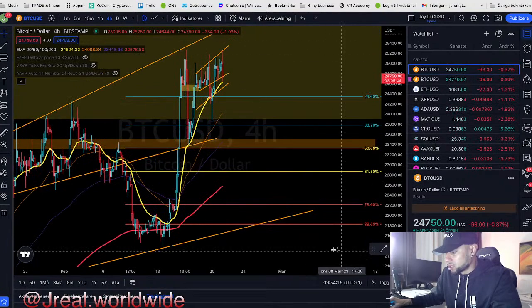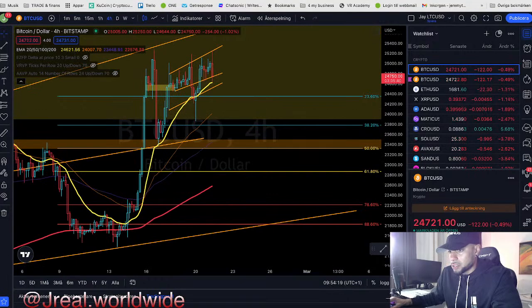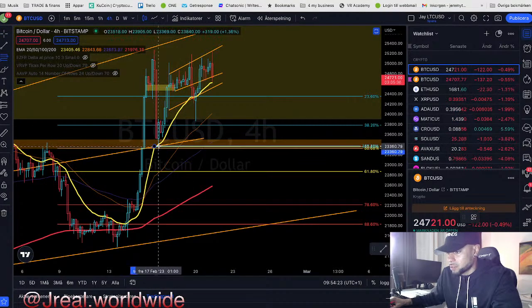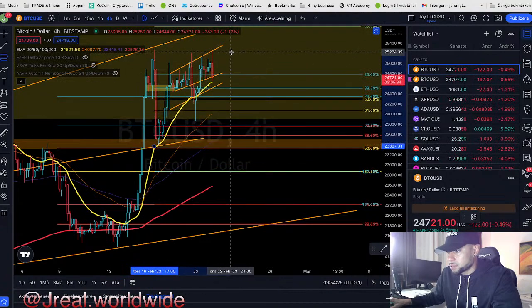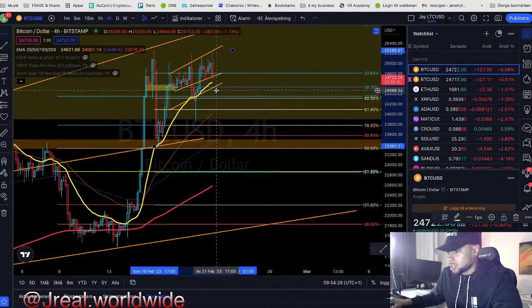One more thing that I want to look at before I give my verdict on this. I want to see this last swing here from this bottom to this top. Where are we in that swing? We rejected the 38.2.